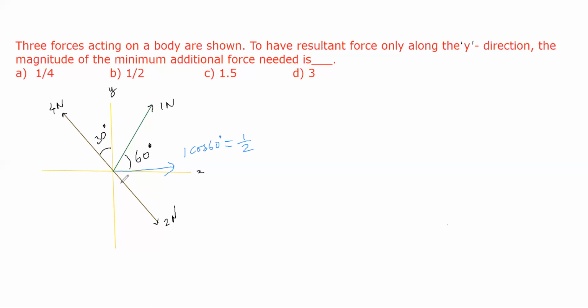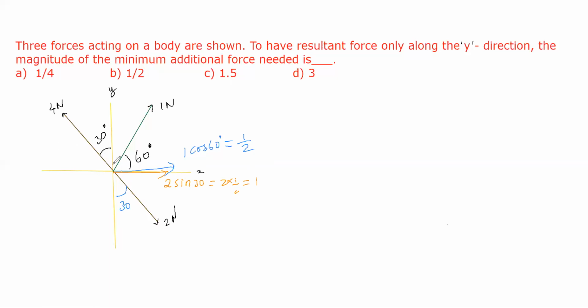See here, this 30 degrees, being a vertically opposite angle, is also 30 degrees. So if we resolve this 2 Newton force along the x direction, we get 2 into sine 30. Sine 30 is 1 by 2, so 2 into 1 by 2 is 1. So in this direction, 1 Newton force is acting and 1 by 2 force is acting.